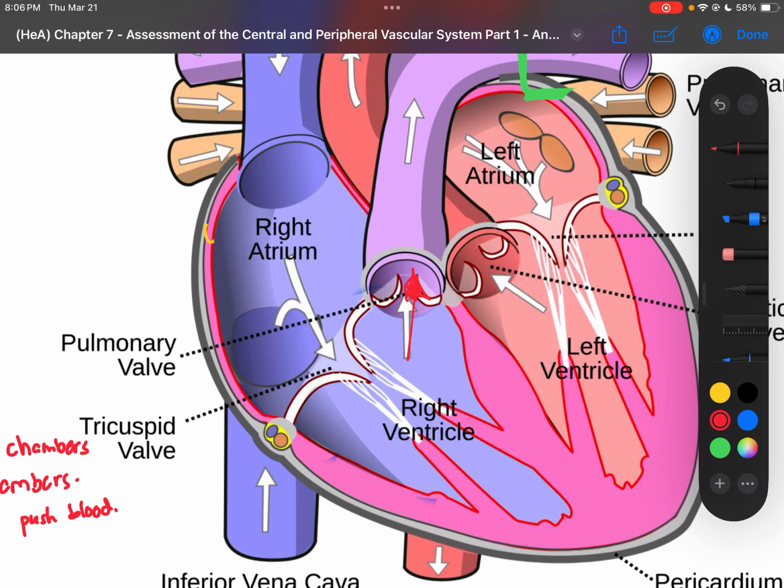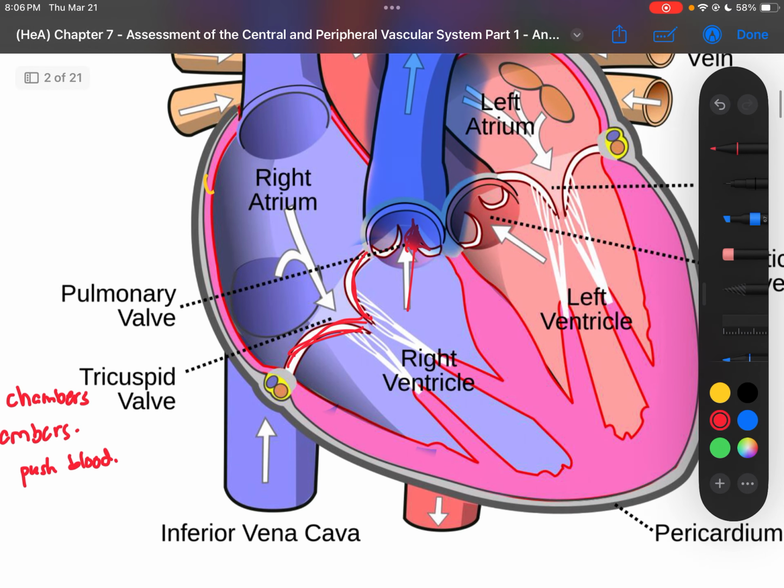While they are contracted, the tricuspid valve will close, preventing backflow. So the blood will now enter our pulmonary artery. Thus our right ventricle is now empty. That's why we call it emptying.